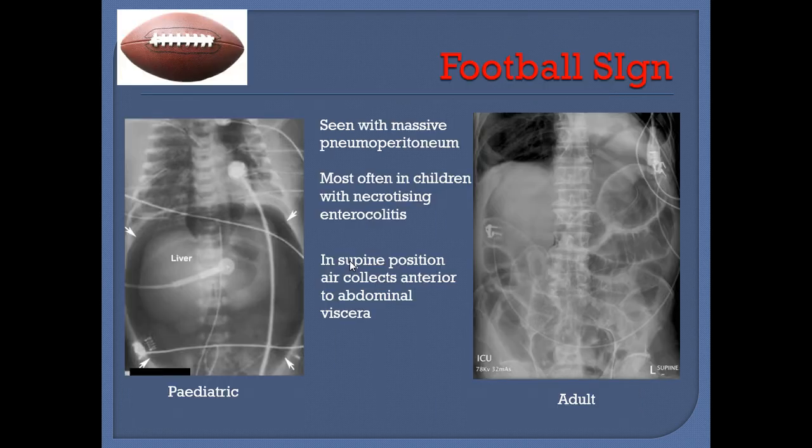Football sign. When there is massive pneumoperitoneum, we can see it. You can see all around the abdomen there is free air. You can see this most often in children with necrotizing enterocolitis. In the supine position, air collects anterior to the abdominal viscera.